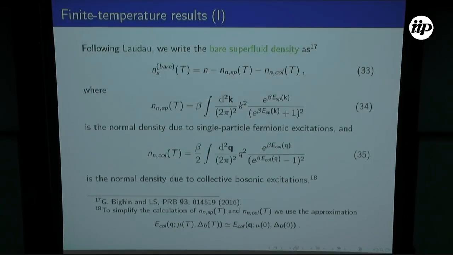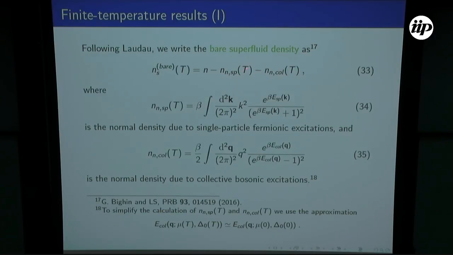This is zero temperature. Let us consider finite temperature. Okay, at finite temperature, an interesting quantity, at least for me, is the superfluid density. And the superfluid density, following Landau, can be written as the total density minus the normal density.